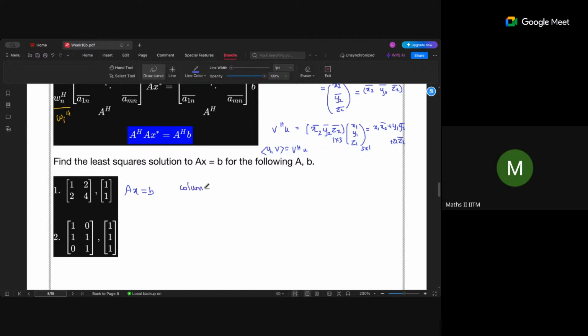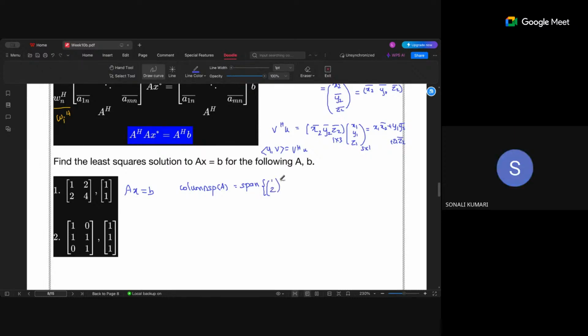Here the basis for the column space is very obvious. Can anyone say what is the basis for this? What do you observe from the two columns? The second column is a multiple of the first column. It means the column space is just the span of 1, 2.